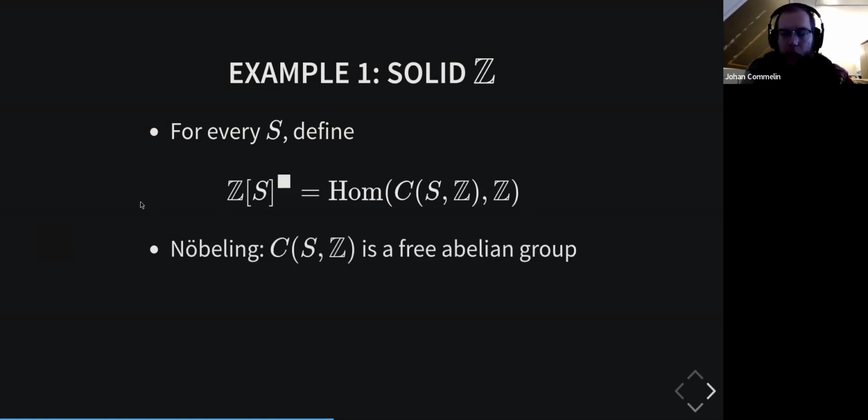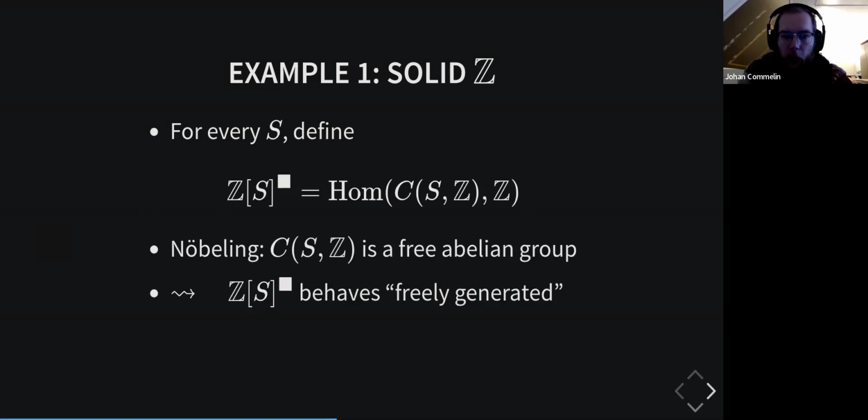And the really crazy thing is that Noebeling proved that this space is a free abelian group. That's pretty crazy. But as a consequence of the fact that this thing is free abelian, you can show that these spaces of integer valued measures really behave as if they're freely generated.